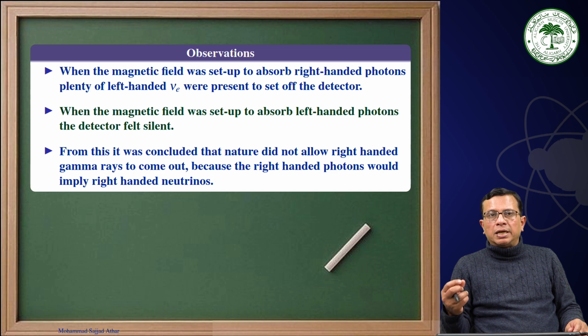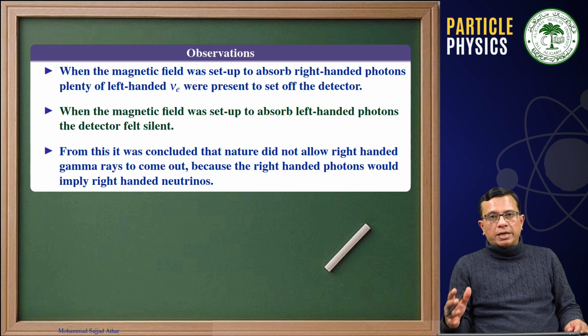Now we were expecting that we must have the right-handed ones, but what was seen was that the detector fell silent, and therefore it was concluded that nature did not allow right-handed gamma rays to come out, because right-handed photons would imply right-handed neutrinos. Never did right-handed photons come out when the direction of the spin was moved from clockwise to anti-clockwise, and therefore it was seen that we only see left-handed polarized photons.